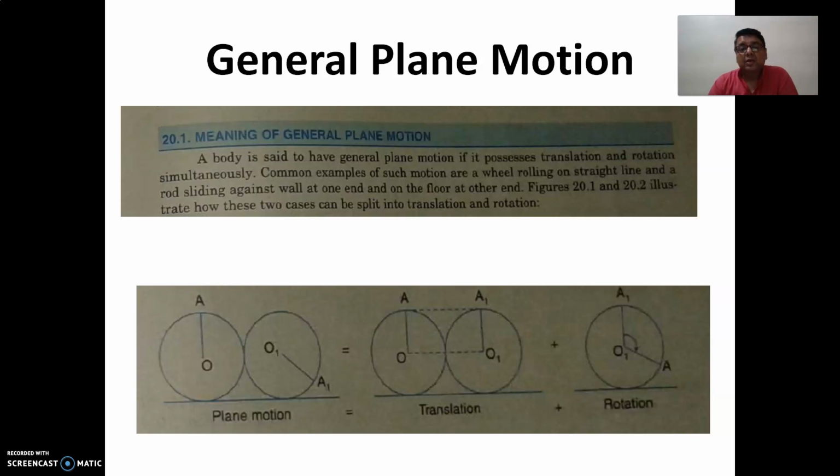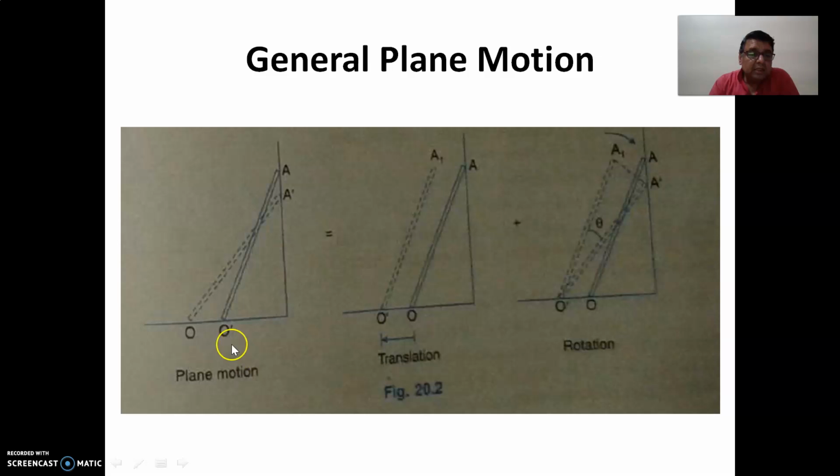Let us understand how. See, this is the ladder in this way and it is skidding like this. This end will stick to the ground, this end will go farther, and let us first understand how it is an example of general plane motion.